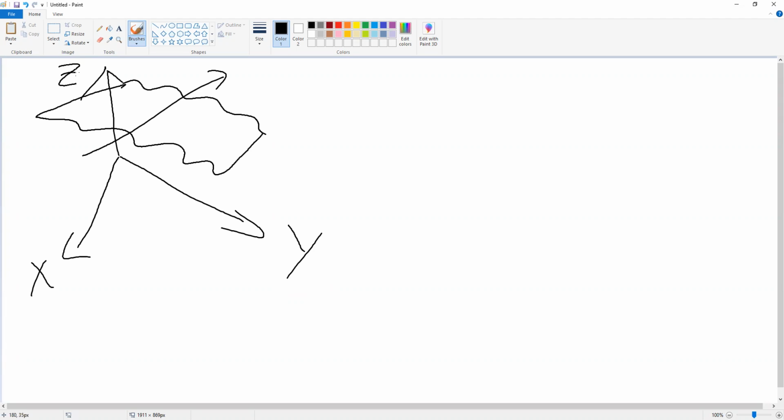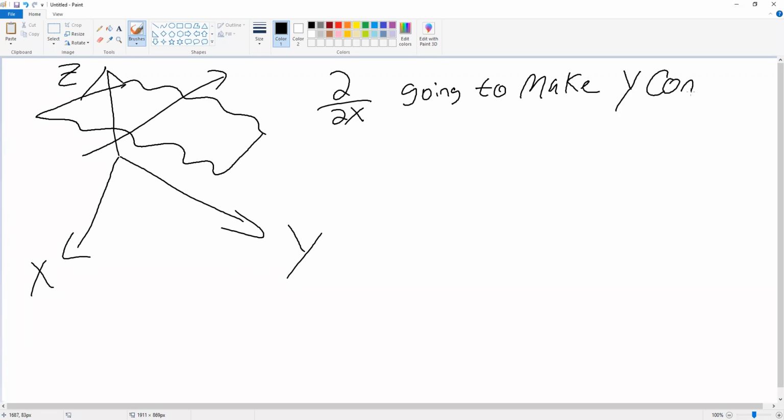We're gonna do the same thing here, but this time, if we're trying to find a partial with respect to x, we're going to make y constant. Meaning if we take y to be constant, we're going to see that we can find a point going through the x axis that's gonna give us our partial derivative. It's gonna give us that slope going in that direction, and give us that slice.